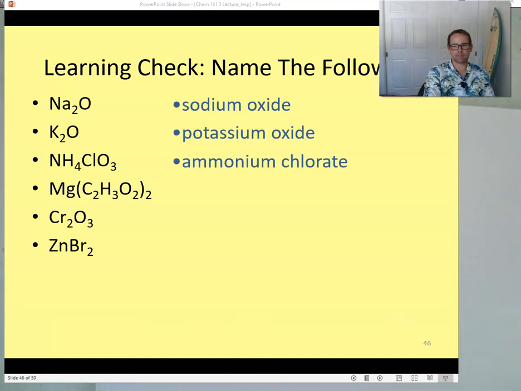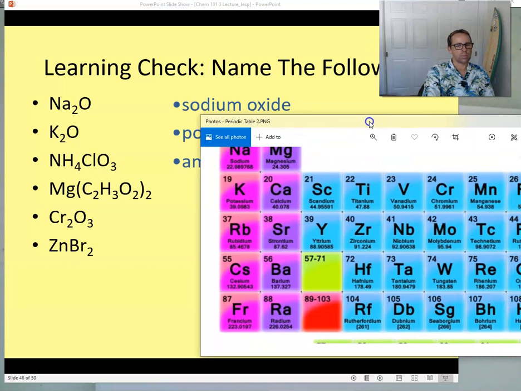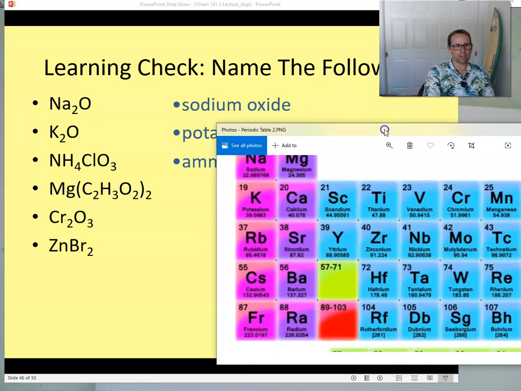Very good. But why is there a 2 next to it, a 3 next to it, and a 2 next to it? Well, this one is one of our polyatomic ions.